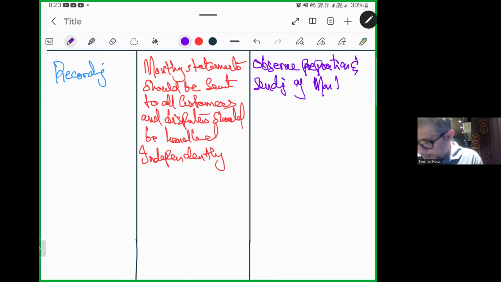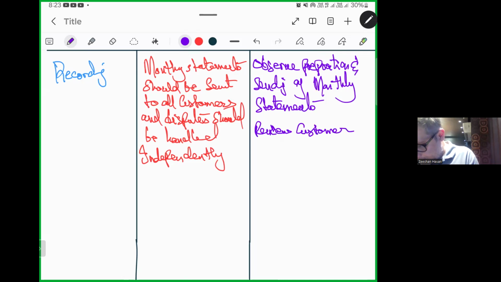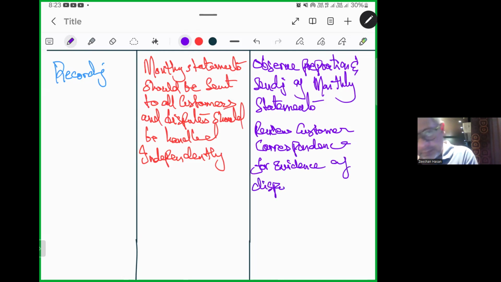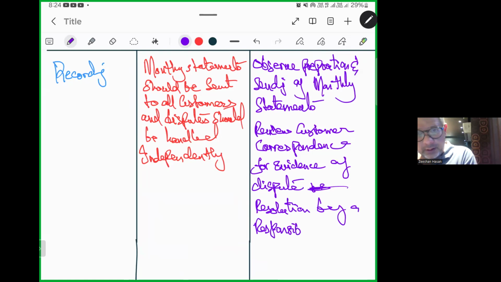Review customer correspondence for evidence of dispute resolution by a responsible official. Very nice.